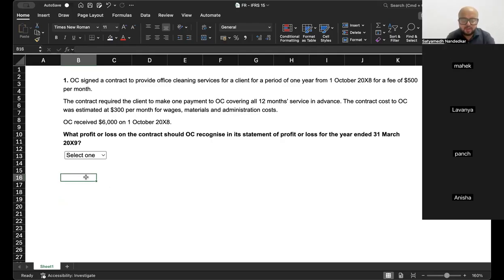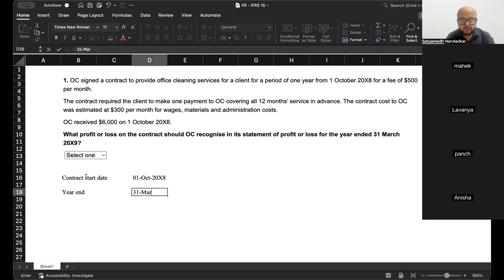Okay. So what is the contract start date? 1st of October 2008. And what is the year end? Year end is 31st of March 2009.